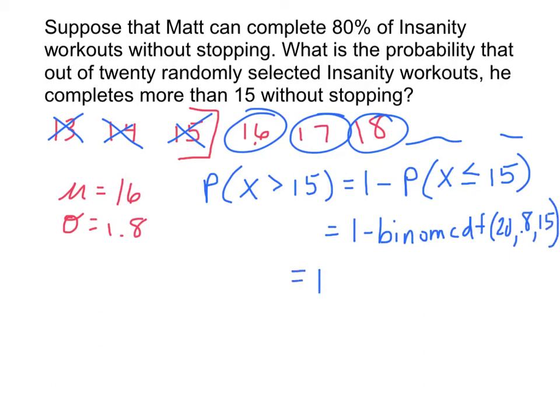So when I input that into the calculator, binomial CDF is going to give me 0.3704. And so the probability that Matt's going to complete more than 15 workouts is, again, pretty big, about 63% of the time.